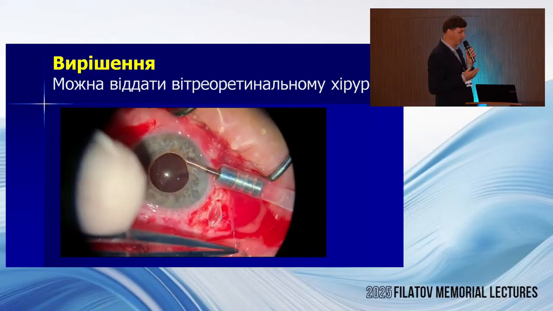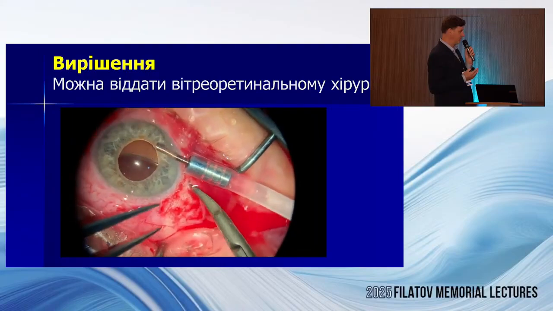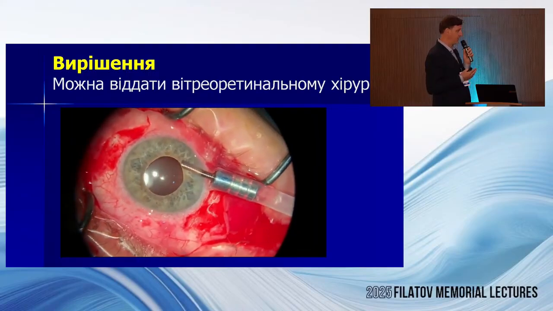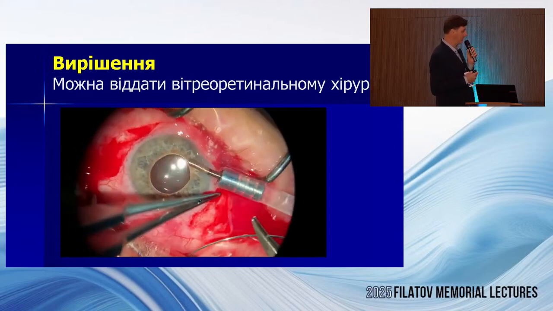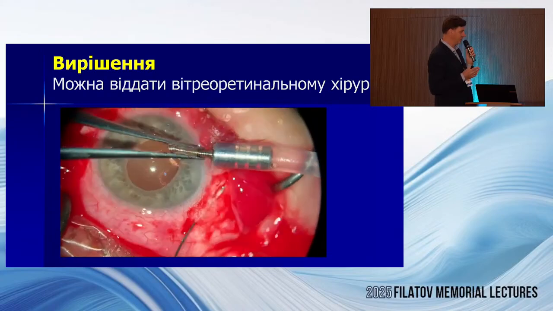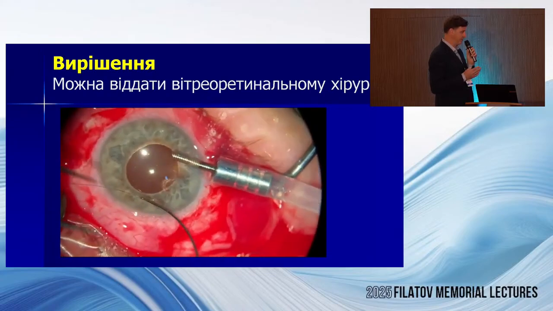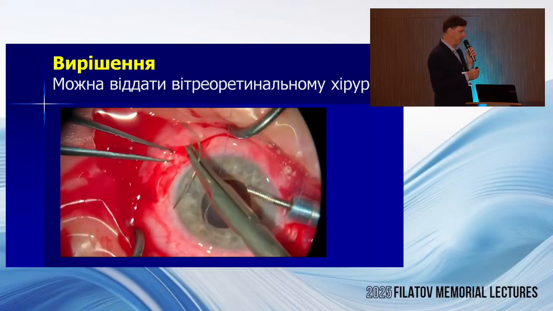So the polypropylene is fixed, it is not absorbed. Then we put the IOL into central position and, using Z-plasty, enable moving the thread deep into the sclera to fix it tightly.